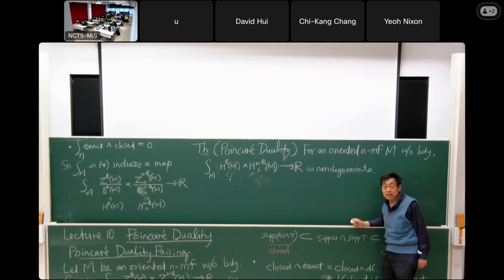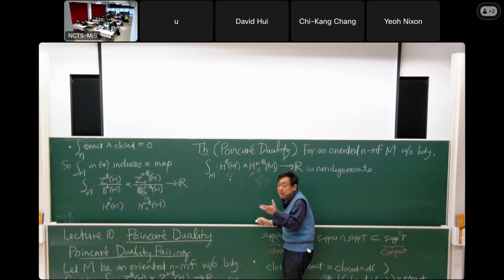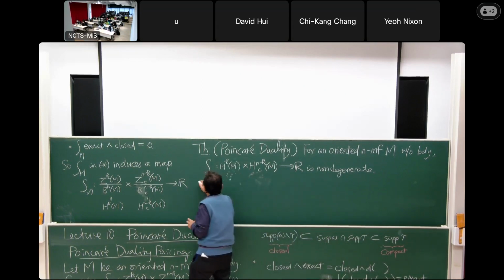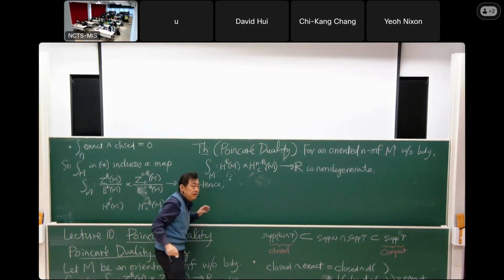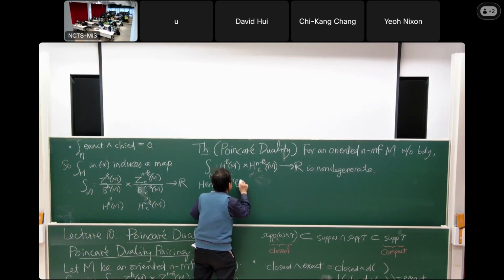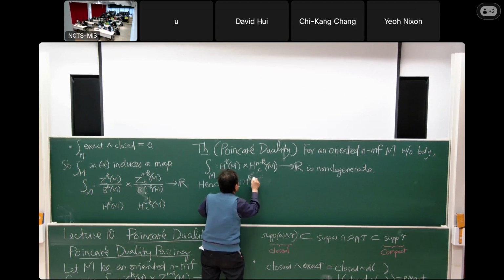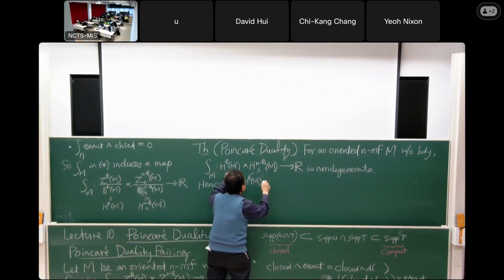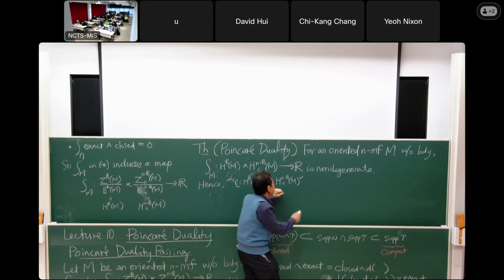Okay, this is non-degenerate. And last time we showed that when you have a non-degenerate pairing, then the left map and the right map are isomorphisms. So the left map is the map that goes from the first factor to the dual of the second factor. Okay? So we know that the left map is an isomorphism.